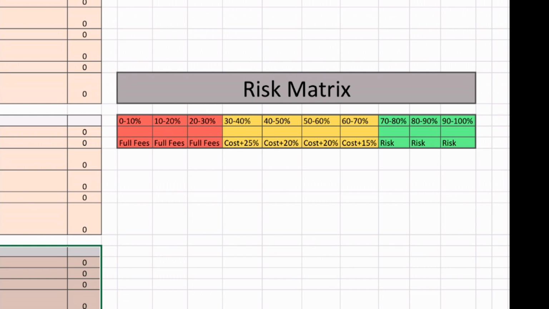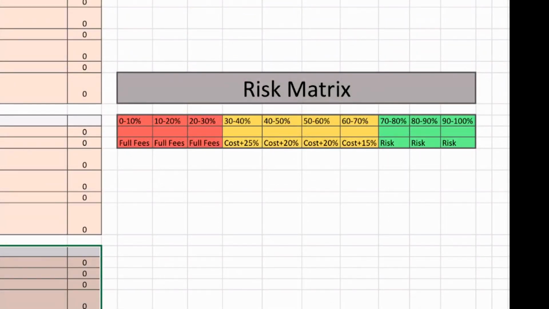Okay, you need to charge them full fees. And what that does is it really separates out the wheat from the chaff. So you're able to take clients that really are high risk across all those sectors, and maybe you end up in a situation where they go away, or they're going to pay you. If they walk away, you're going to find out in the long run it actually saves you money. And if they pay you full fees, well, then you mitigate against that risk.